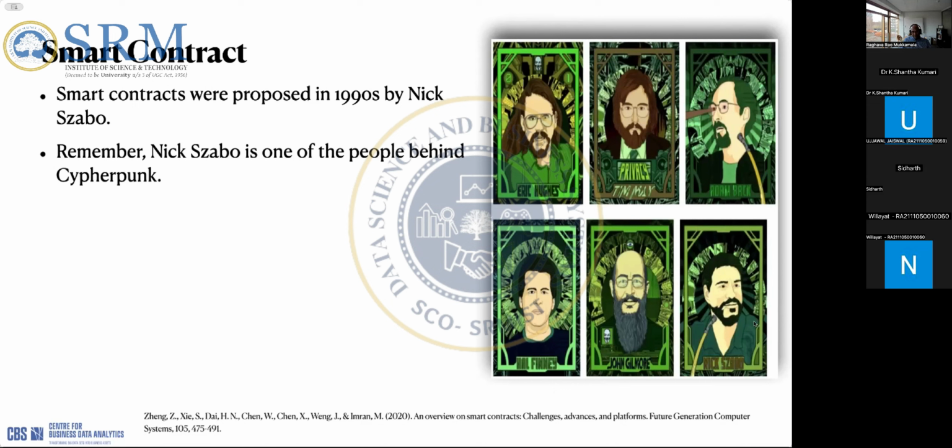Nick Szabo is also part of the cyberpunk group, which advocated for the democratization of the internet. For example, they were advocating for freedom of speech and freedom from government censorship and other democratic ideas.